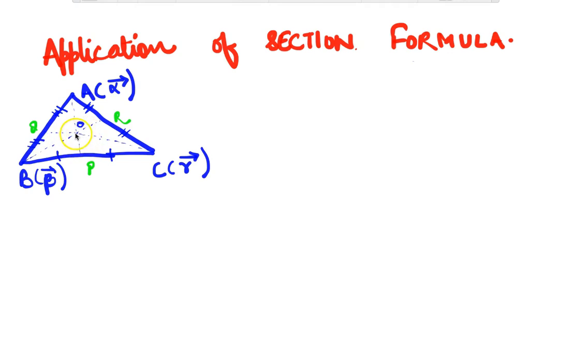Point O is the point of concurrency, that is, all of these 3 lines meet at point O. The centroid of a triangle is concurrent, but we're not going into detail to prove that. We're assuming that they will meet at the same point. So let's prove it using the section formula.